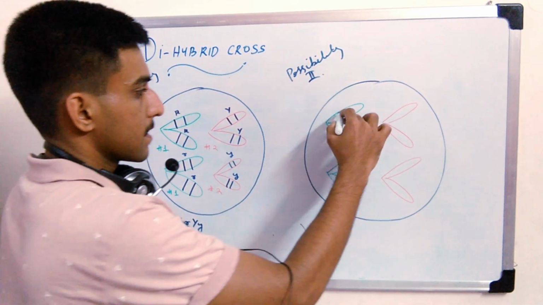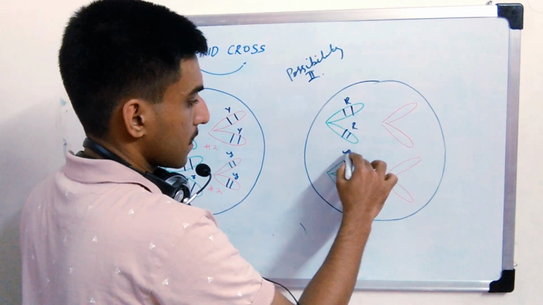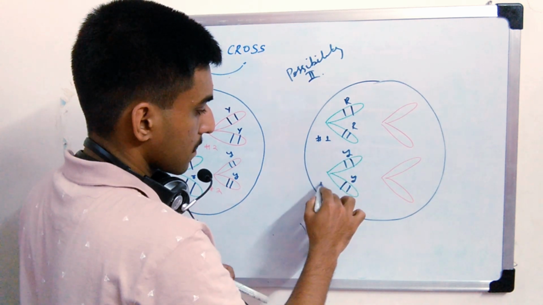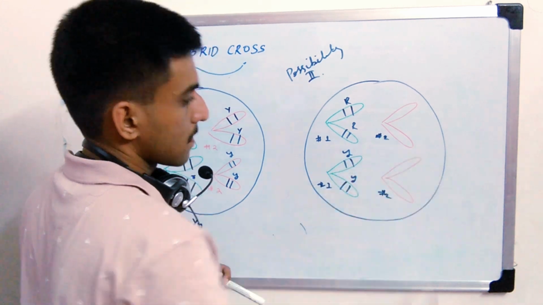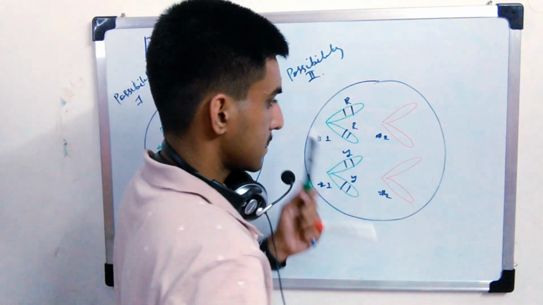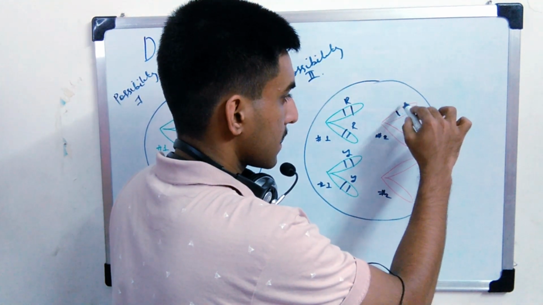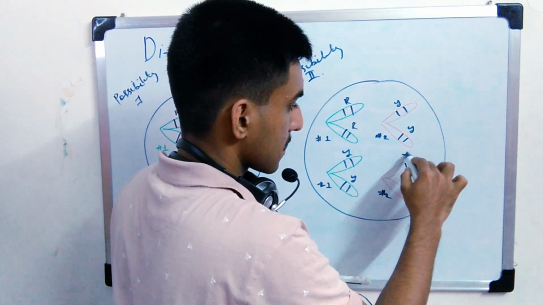So I am here writing capital R, small y and small y. Chromosome 1. So the next possibility is that the alternative form of this gene, which is the recessive form, may be present here.